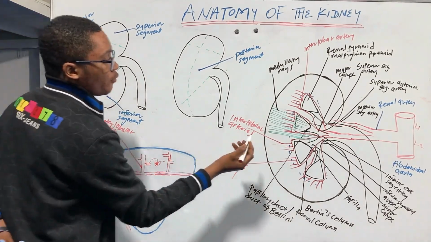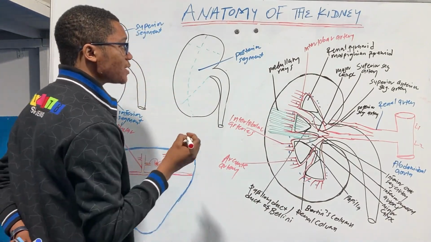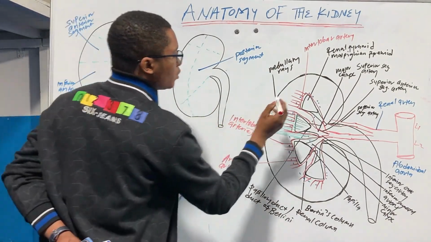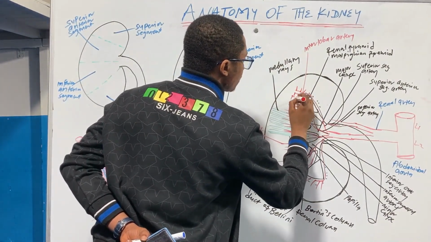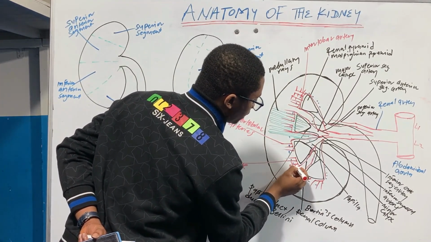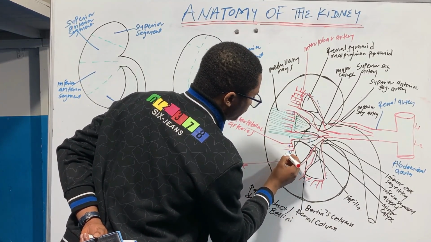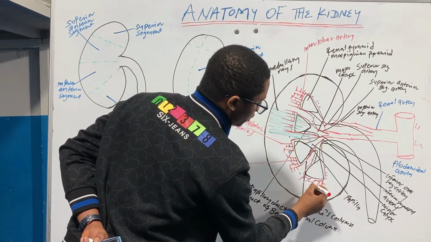Now the interlobular artery gives off tiny arteries known as the afferent arterioles.